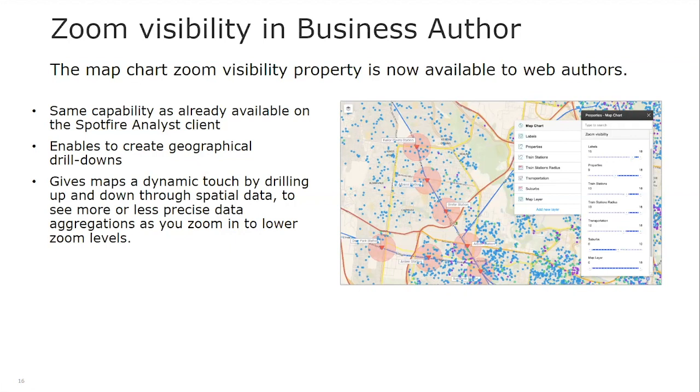So this feature gives maps a dynamic touch when you drill up and down. It's now available in the business author web authoring client as well as it already was in the Spotfire Analyst client.